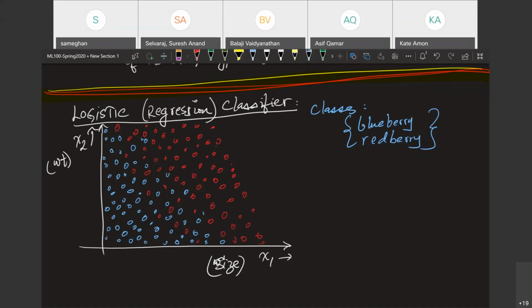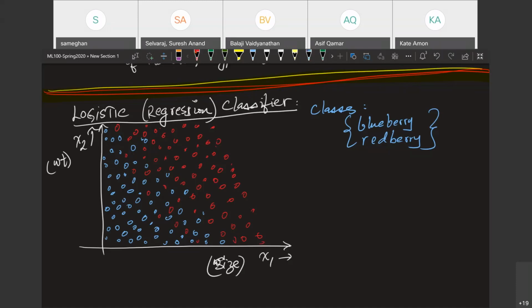The reason I mention it to you is that the ground truth may or may not agree with the fundamental assumptions of a given algorithm. So logistic regression is an algorithm that shines in situations like this.